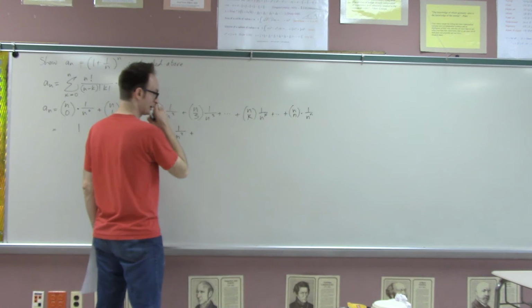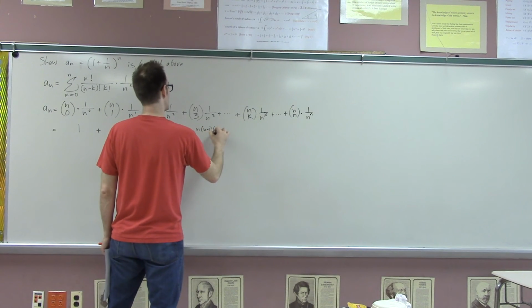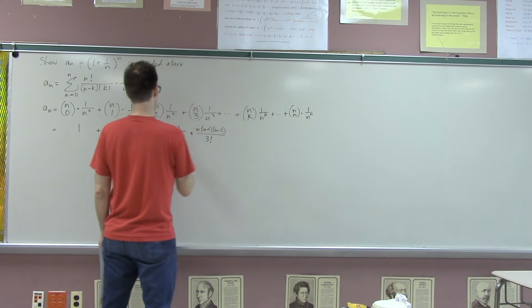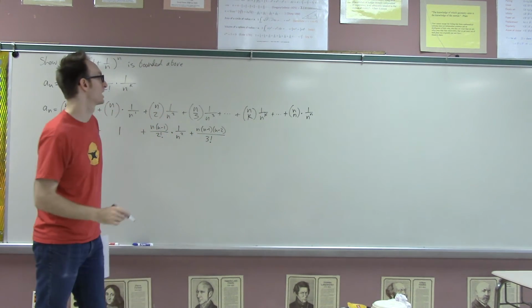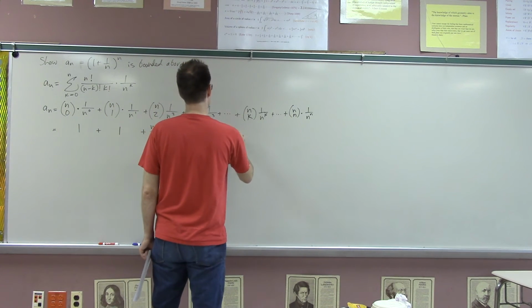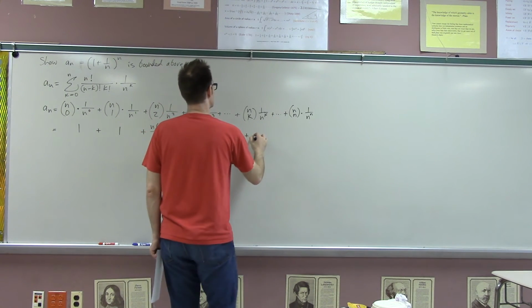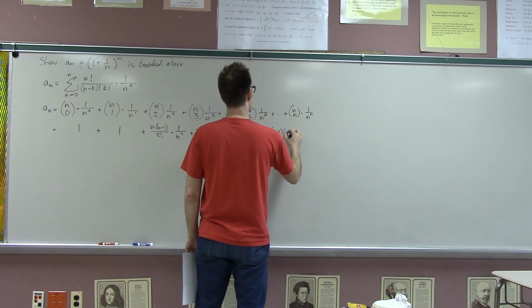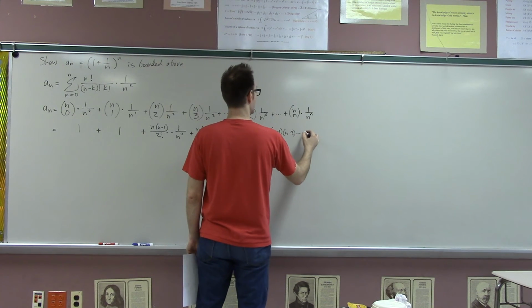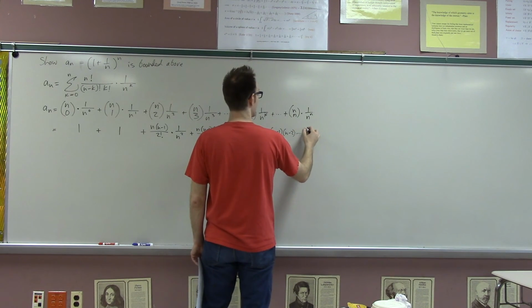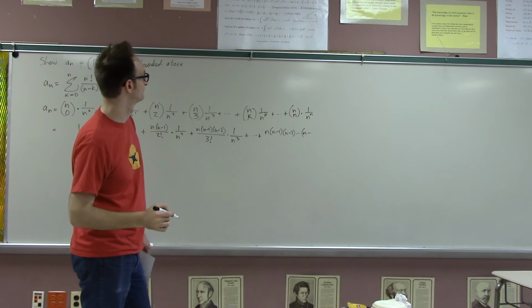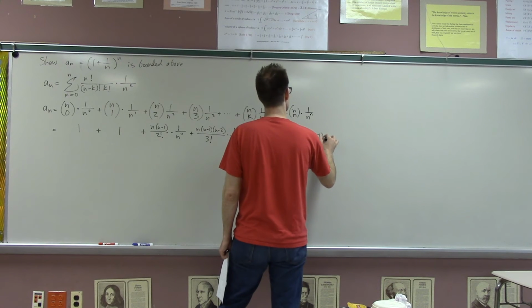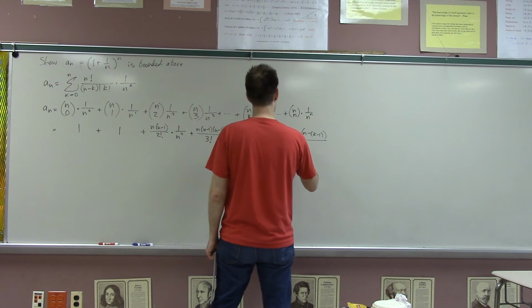And what's n choose 3? Well, that's like n times n minus 1, n minus 2 over 3 factorial. Maybe I want to write factorial here too, just to be cool. Times 1 over n cubed. And then the general term looks like n times n minus 1, n minus 2, all the way out to n minus k minus 1 again, right? All over k factorial.